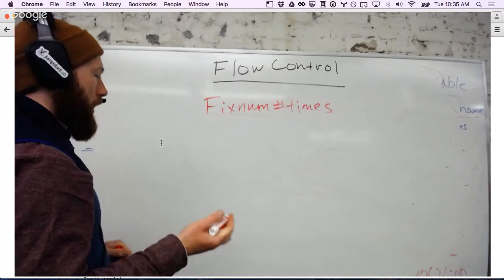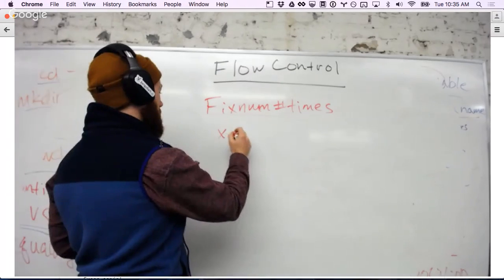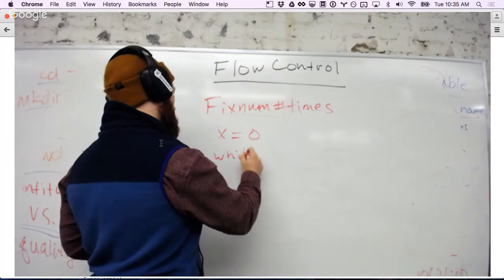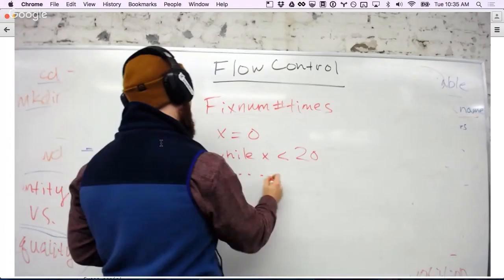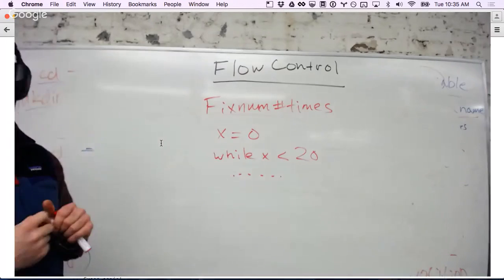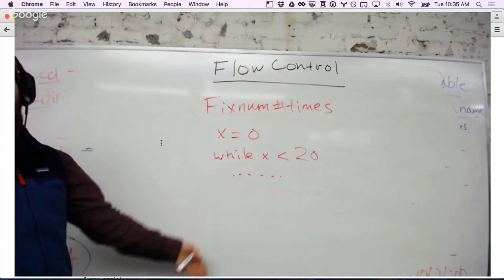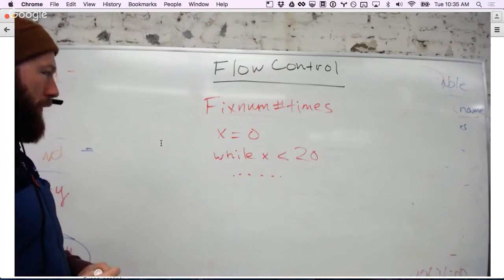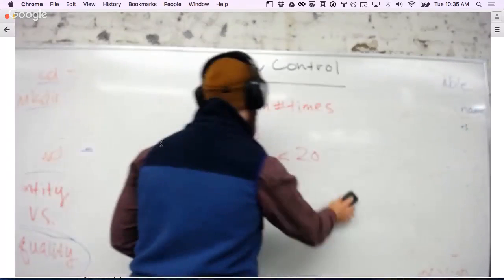And so that pattern that we looked at a second ago, where I said x is 0, while x is less than 20, this pattern is super common in programming because it's like, oh, I have some things and I need to do them 20 times, or 40 times or whatever. We see this so often that Ruby comes with a very handy built-in construct for doing the same thing.